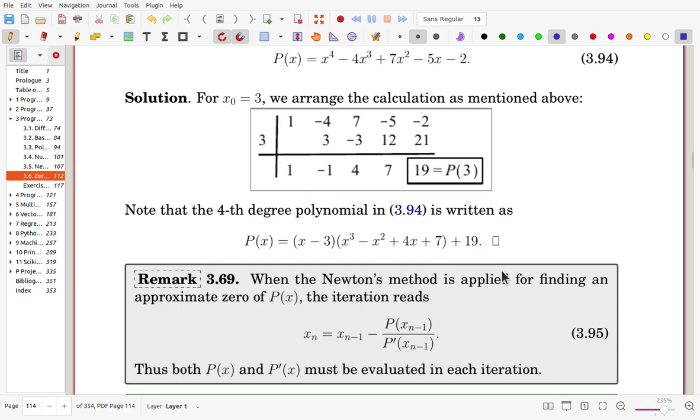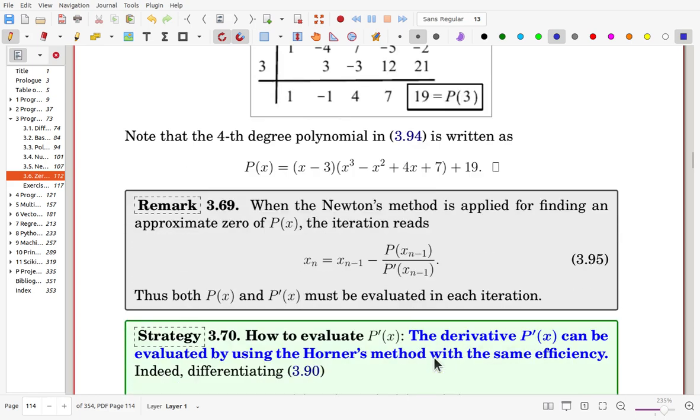Okay, now that we know how to evaluate the polynomial value efficiently, when we use Newton's method for finding an approximate zero of the polynomial, the iteration happens in this way.